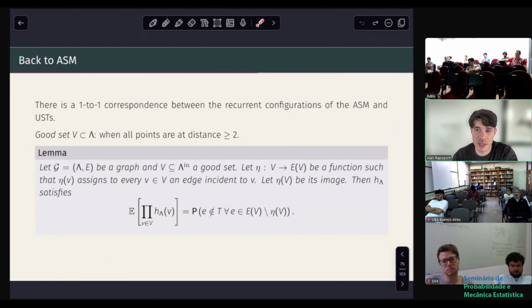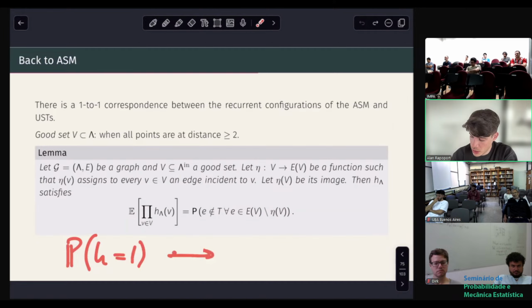So expectation of an indicator is the probability of the event. So the probability of having height equal to 1 at this point, given by V, is related to the probability of having degree 1 in a UST.